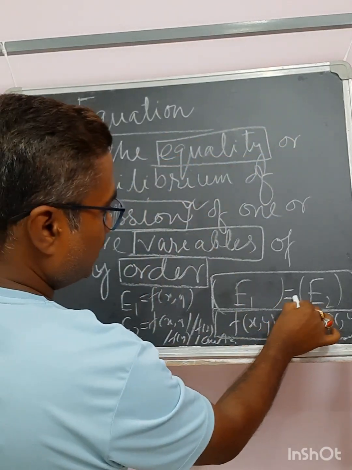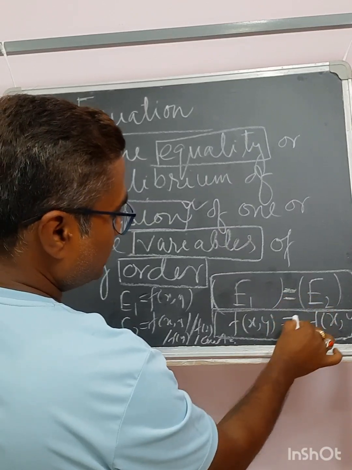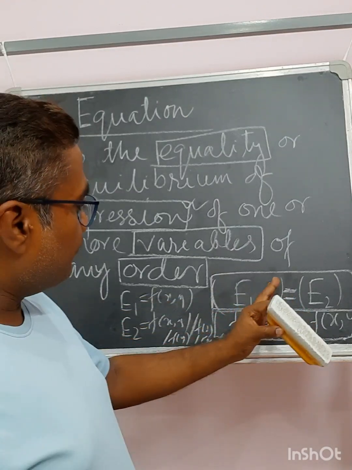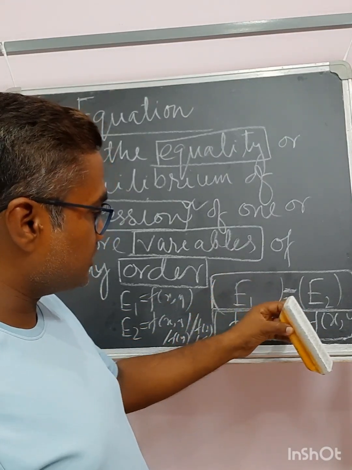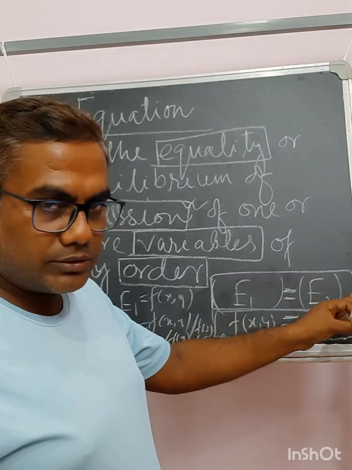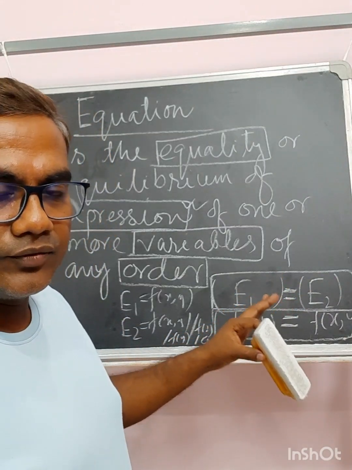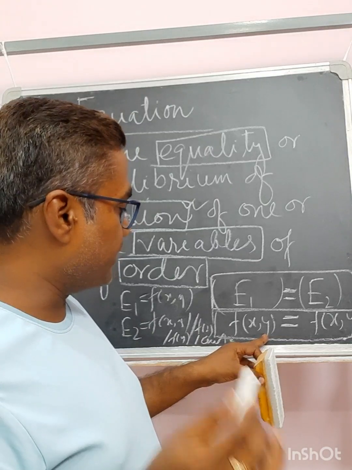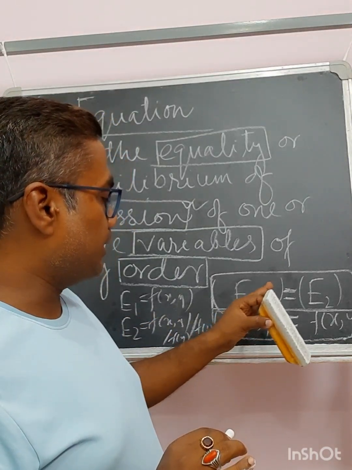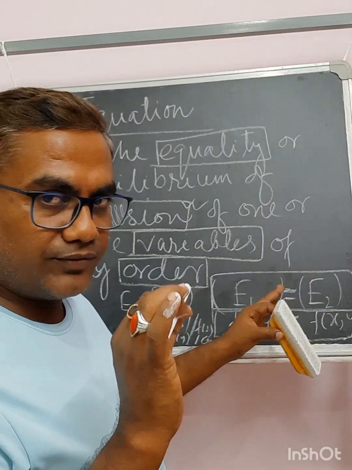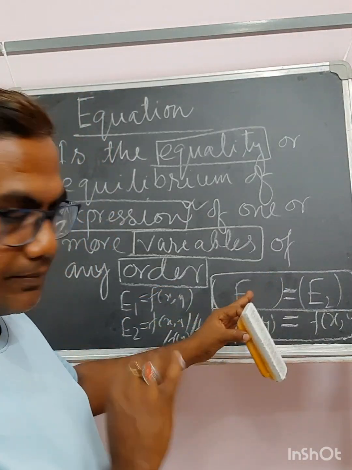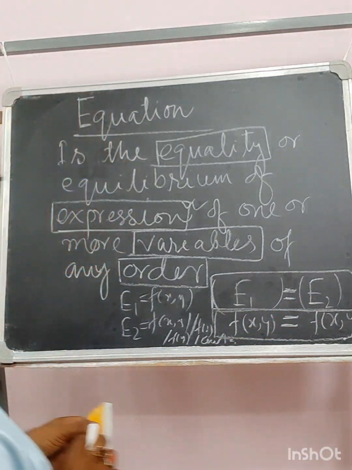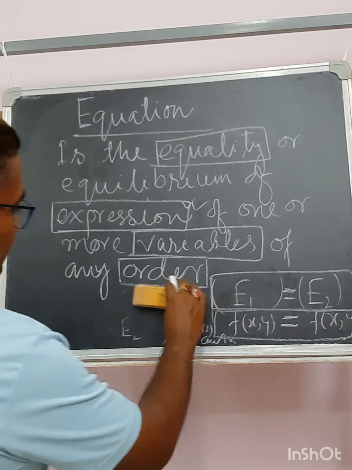Equality means nothing but when two expressions are connected with an equal sign. That means the value on the left hand side and the right hand side of the equal sign are equal for some value of these variables. If I take such values, the value of E1 on the left hand side and E2 on the right hand side are equal. Now one by one I will explain the terms.